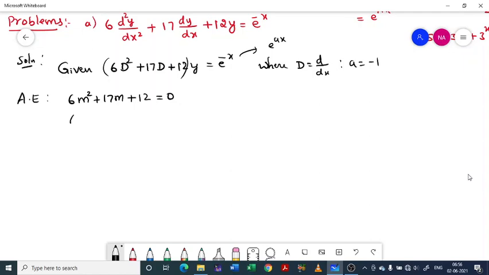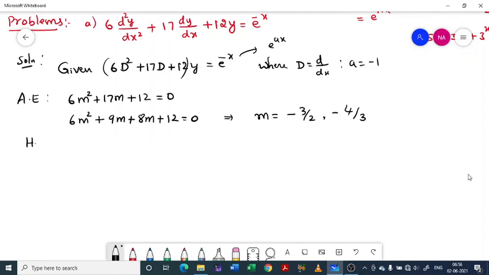So those numbers are 9 and 8. So 6m square plus 9m plus 8m plus 12 equal to 0. You can check that this gives the roots m equal to minus 3 by 2 and minus 4 by 3.